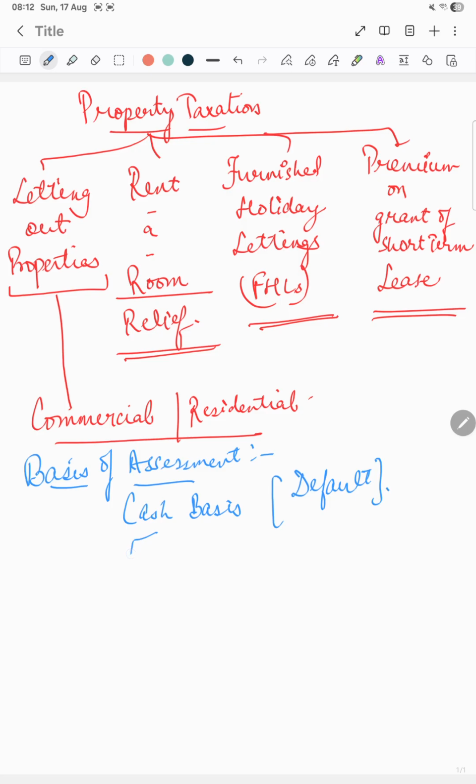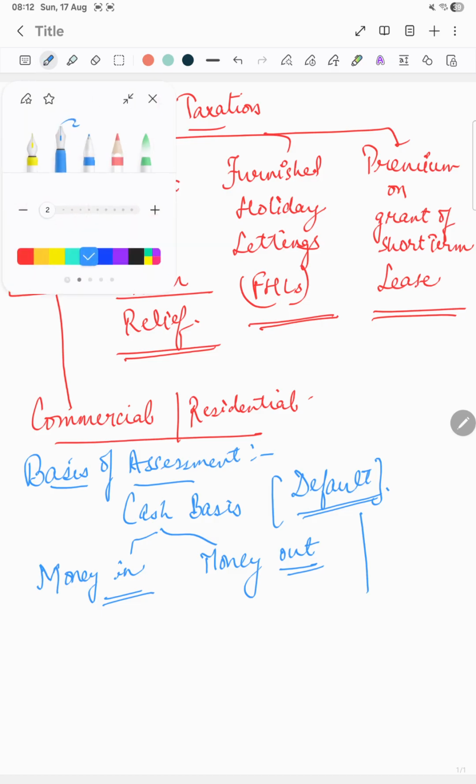Now, what is cash basis? Tax the money when it comes in and deduct the expenses when they are actually paid. So, the money in and money out principle is followed. Now, cash basis is the default method, but if there are some richer landlords.